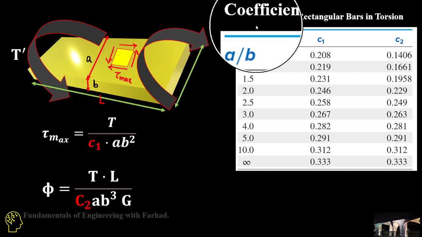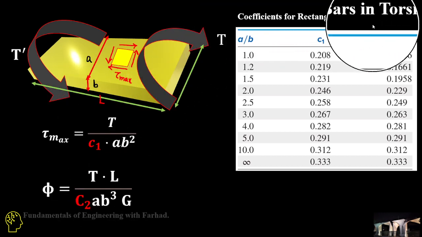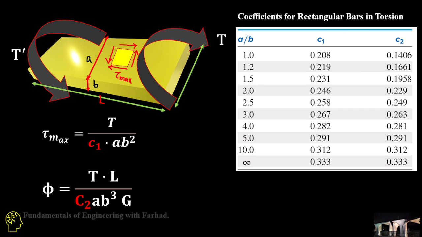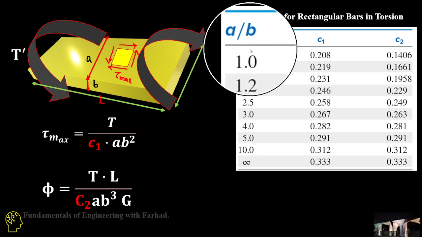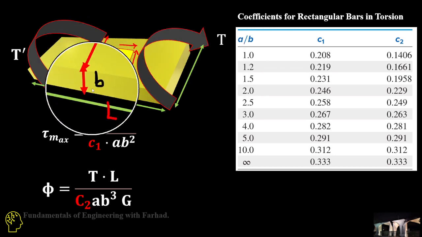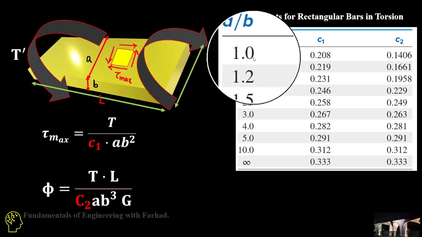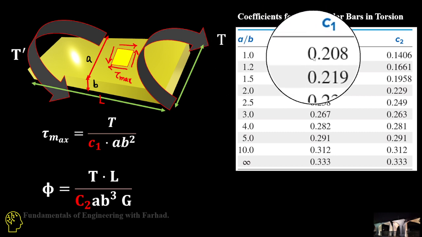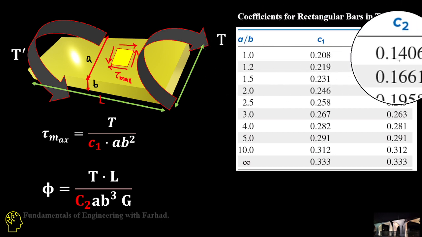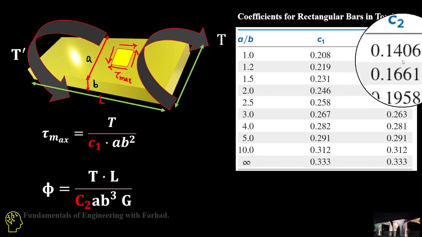And this table gives coefficients for rectangular bars, or plates, in torsion. It shows the ratio of the width of our plate to the thickness of the plate, and if the ratio is equal to 1, C1 is 0.208 and C2 is equal to 0.1406.